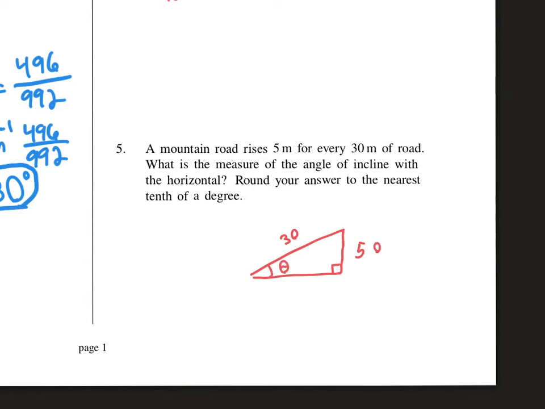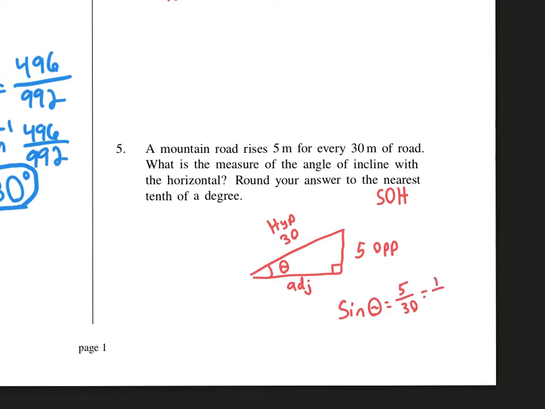We could label the diagram. This is the opposite over the hypotenuse. A lot of sine going on here. And this is the adjacent. Don't care about the adjacent. We only care about opposite and hypotenuse. So that's sine. Sine is opposite over hypotenuse. Sine theta equals 5 over 30. You can reduce this if you want.